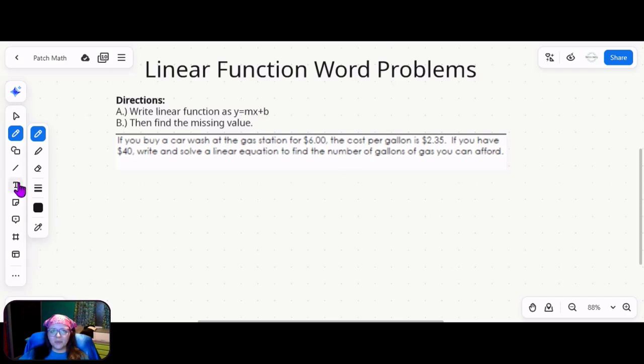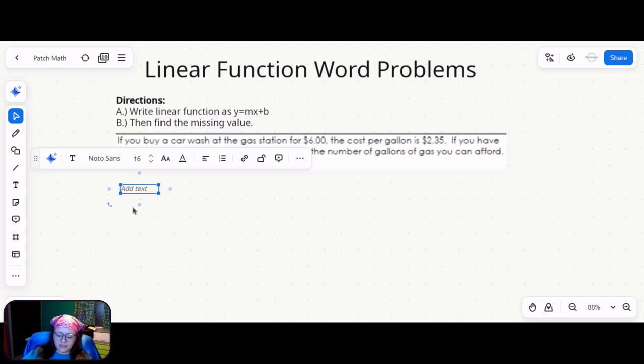So anytime we are going to write a linear function, we need to identify the independent variable, x, and our dependent variable, y.